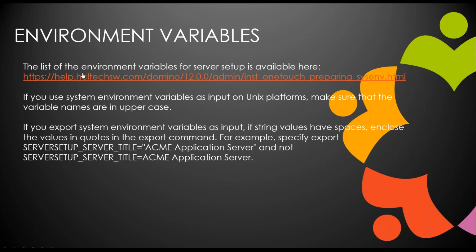The list of environment variables is pretty long, so I didn't want to put you through 3 or 4 slides of stuff, and just put a link to the official documentation where there is the list of all the environment variables that you can use. As I said in the previous slide, the example was the bare minimum, but there is more that you can do, even with environment variables that's less than the JSON file, but there's more than just name, admin, and that's it.